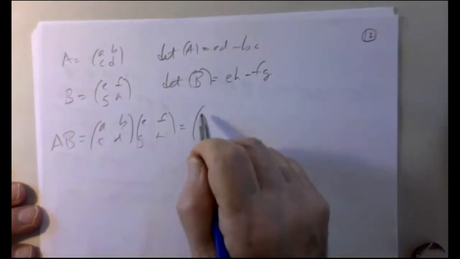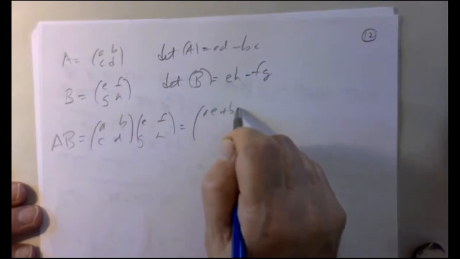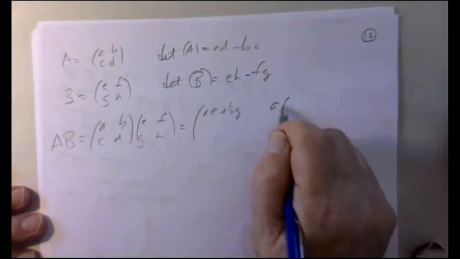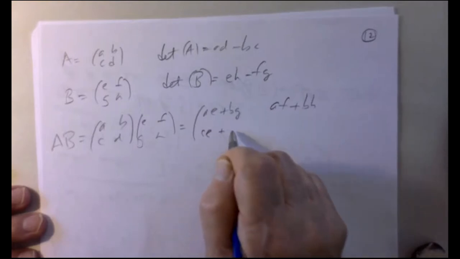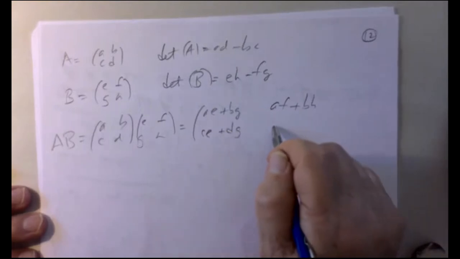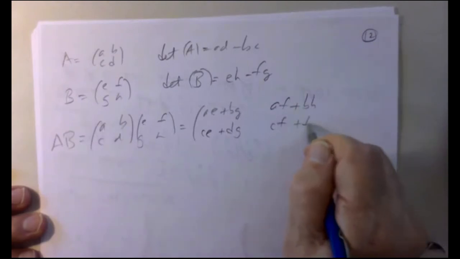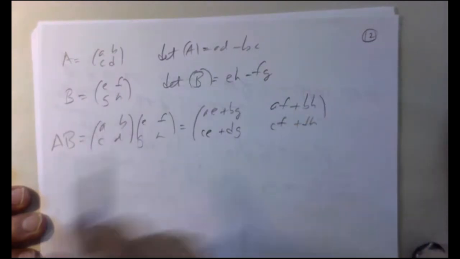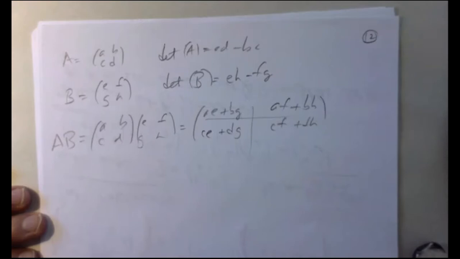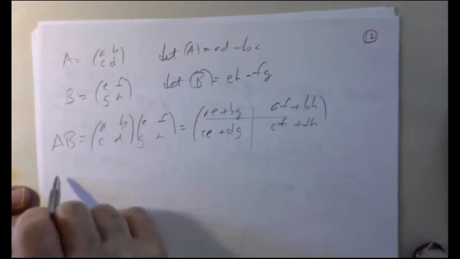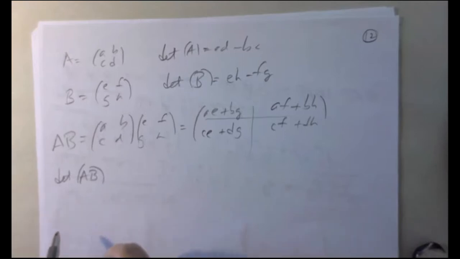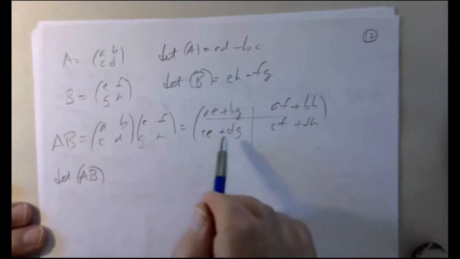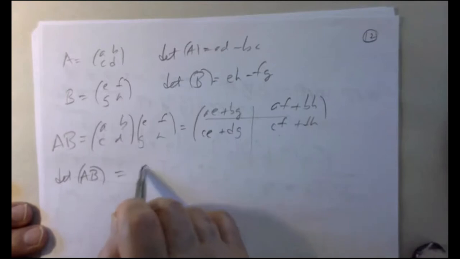When I multiply them, I get AE plus BG, AF plus BH, CE plus DG, CF plus DH. It's this 2 by 2 matrix. What's the determinant of AB? Well, it's this times this minus this times this.